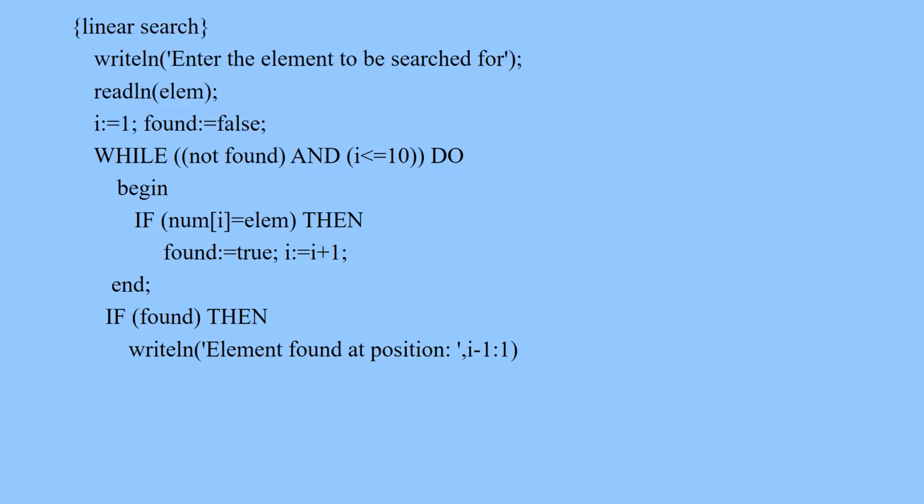Whatever you get, format it with spaces of 1 and display. Otherwise, if nothing is found, write out element not found in the list. And then pause a little bit, let the user see the results. And then we end the linear search.